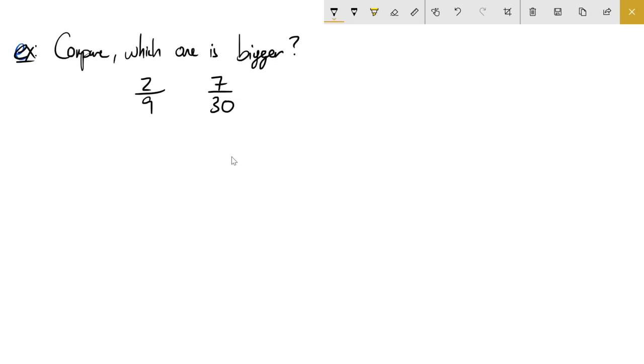There's actually two ways we could do this. One way is we could find a common denominator between 9 and 30. For example, we could take those both up to 90ths. But most people don't love fractions that much, surprisingly. And so what's another option? We could just turn them into decimals.